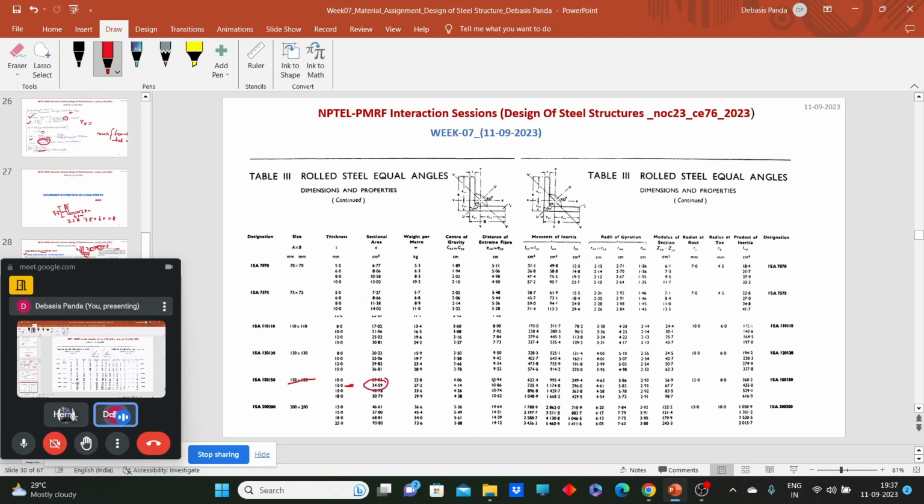We can find the values of the radius of gyration. Here the values are provided about different axes. Okay, and the values are also provided here. So from this table we just collected the value of ISA 100 into 100 into 8 mm.